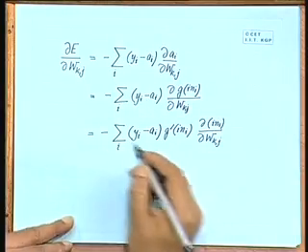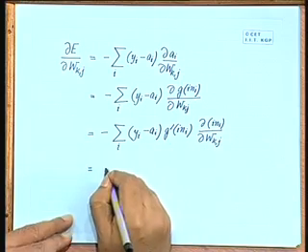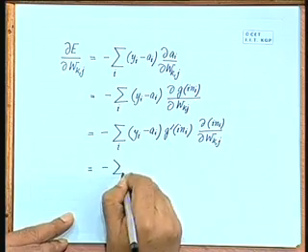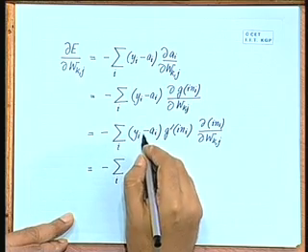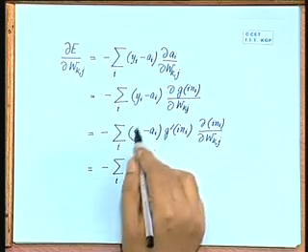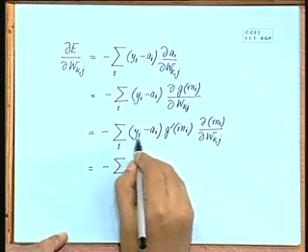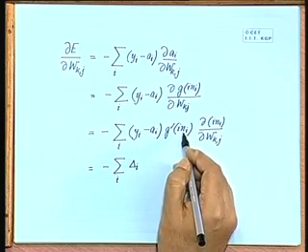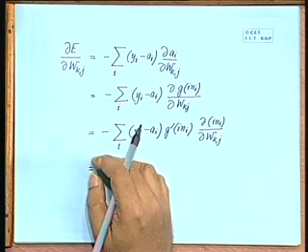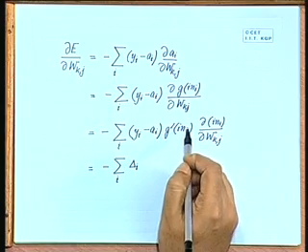So, we write this as minus sigma over i. This term is our Err_i, times g dash of in_i, and remember that we had defined delta_i as Err times g dash of in_i, right.